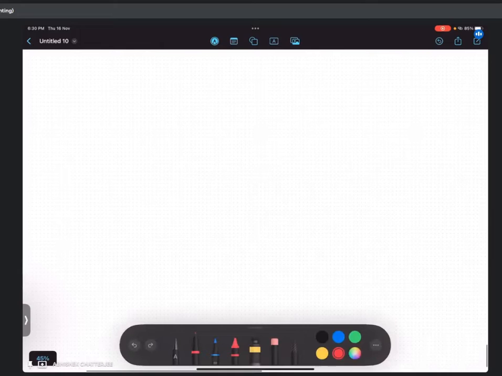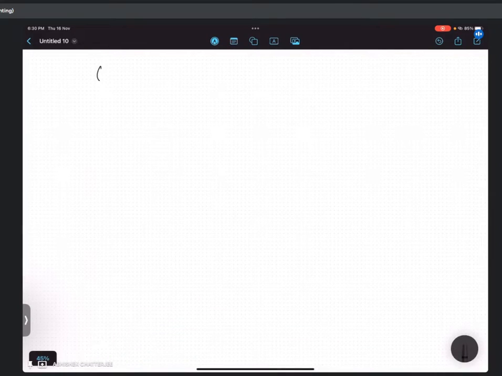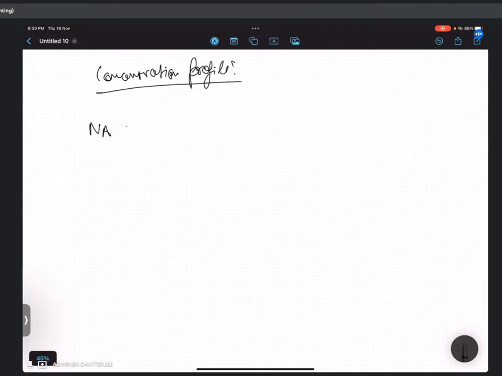One more important thing is your concentration profile. So how will the concentration profile of these things be? Let us understand. What is the formula that we got for diffusion of A through non-diffusing B?